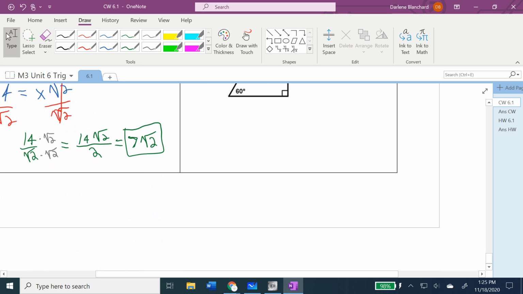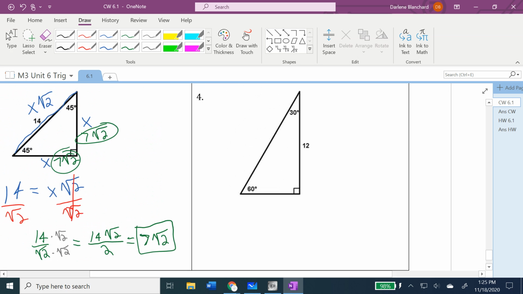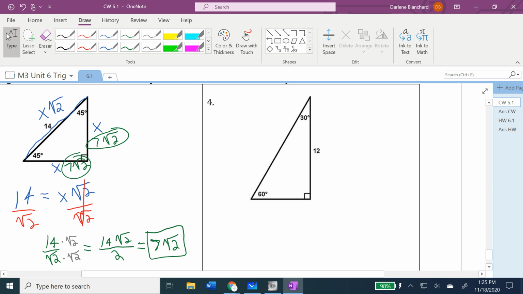Okay, and then I've got one more example for you. And I felt like I didn't need to do too many examples because you've done this before. So what I do is first look for the 30-degree angle. The side opposite that 30-degree angle is the x.